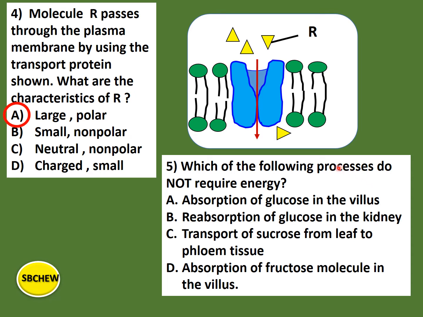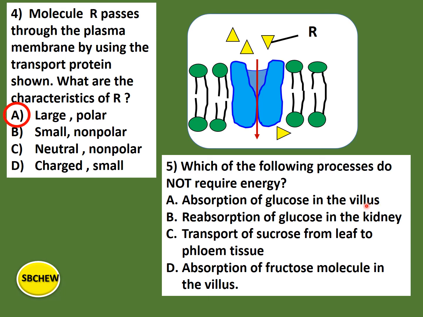Although there are examples where glucose is transported by facilitated diffusion using a carrier protein into the cell, which is a form of passive transport, when you see absorption of glucose in the villus, then it's active transport.